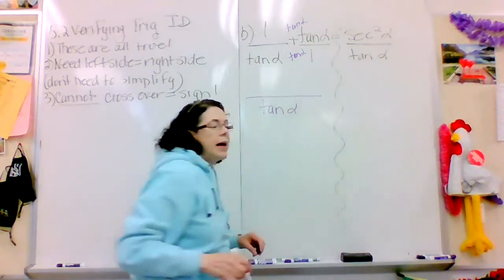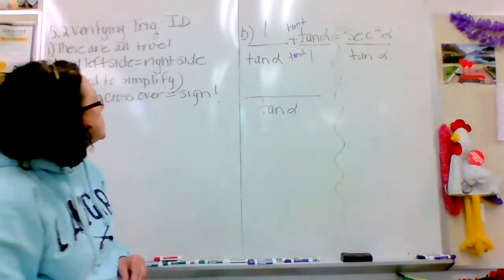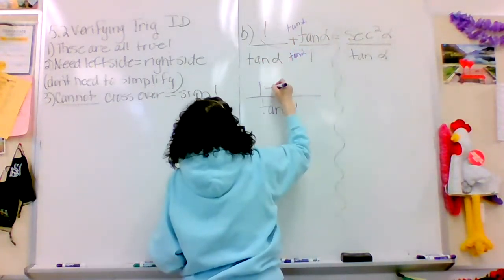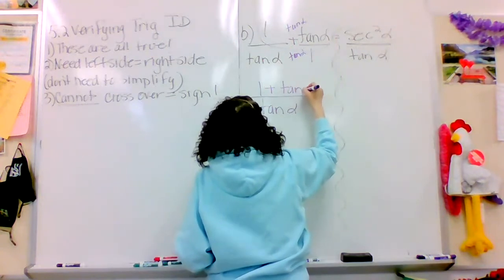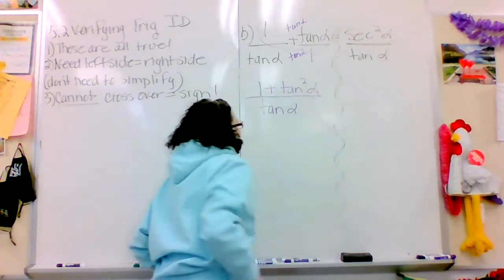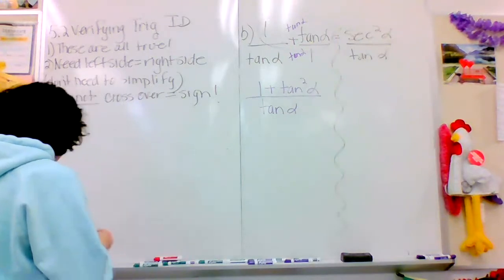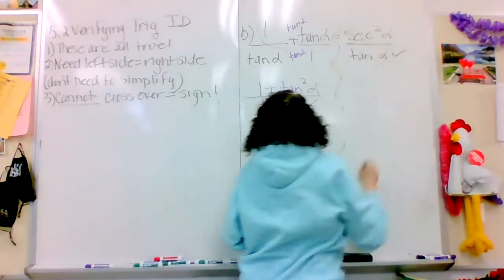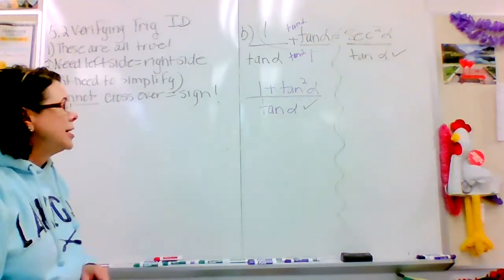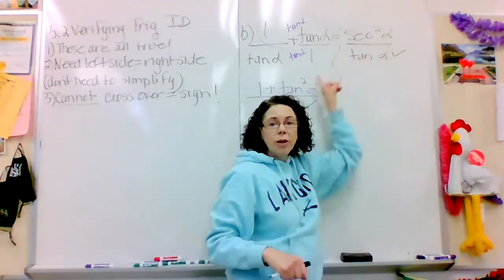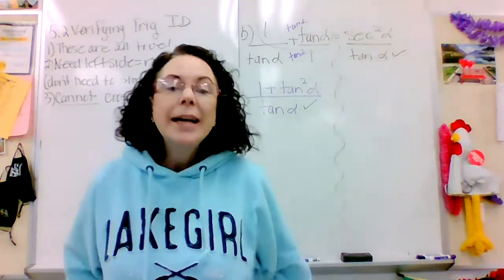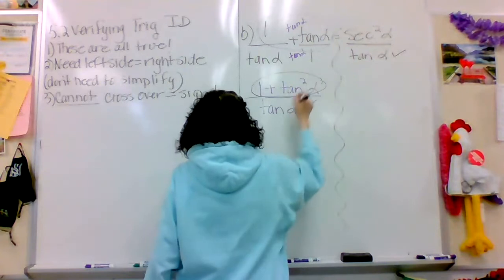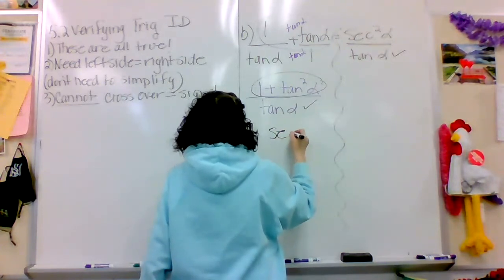Notice I'm only working on the left-hand side of the equation. And my new numerator is 1 plus tangent squared fishy. There we go. Okay, so the denominators are the same. I'm good here, right? I just need 1 plus tangent squared to equal secant squared. I need the numerators to be the same. Is that true? Yes. According to a Pythagorean identity, 1 plus tangent squared is equal to secant squared.